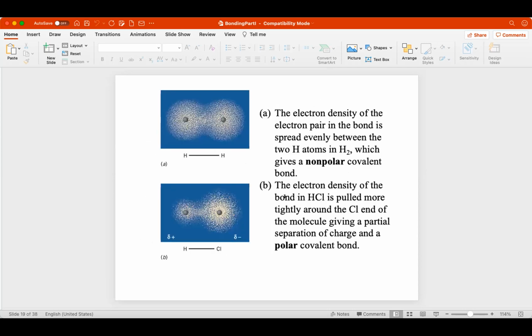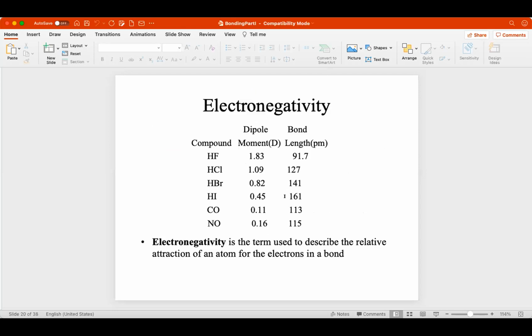Polarity is very important as well. Electronegativity is very important. When you have two elements with different electronegativity values, how do you decide whether they will form ionic bond or covalent bond?